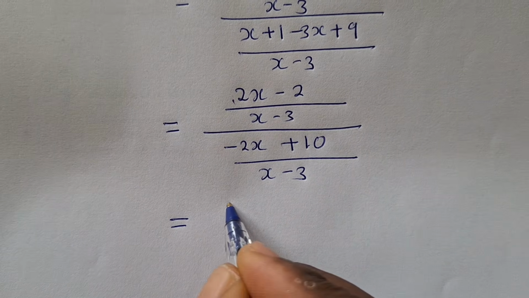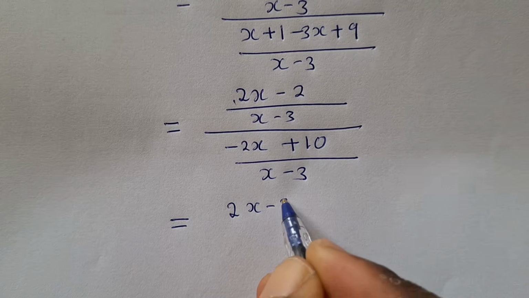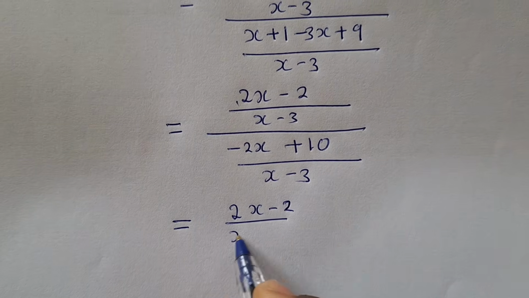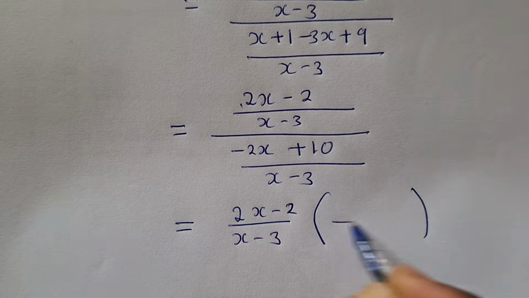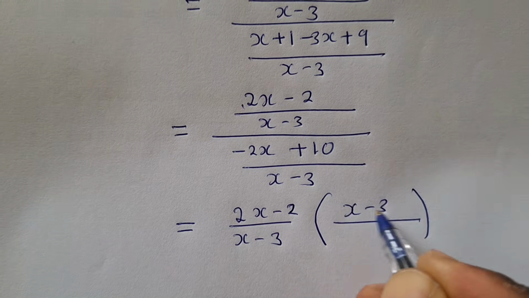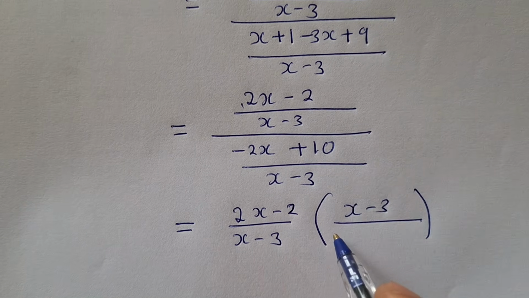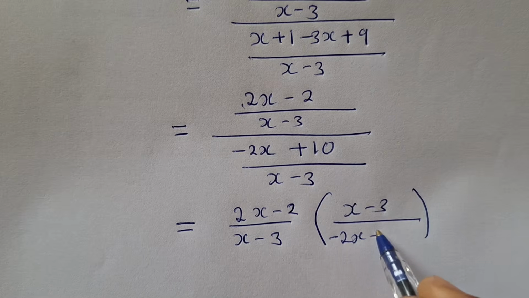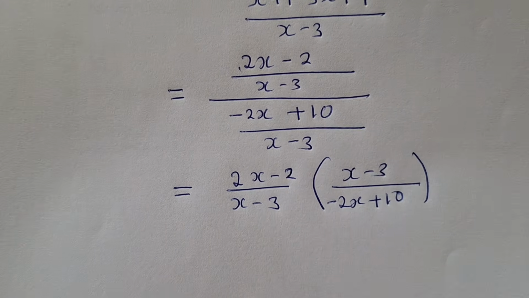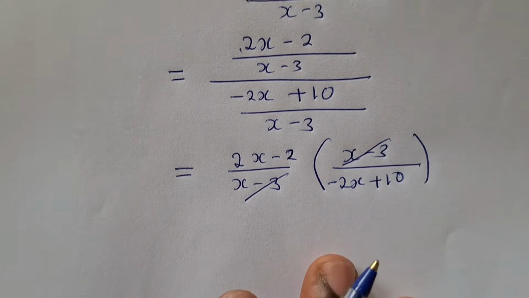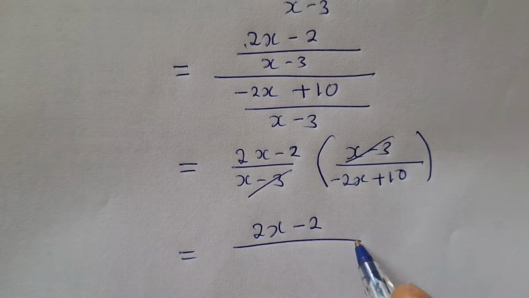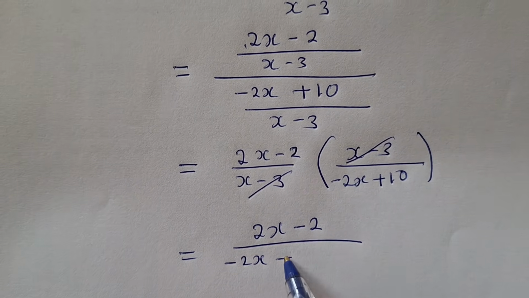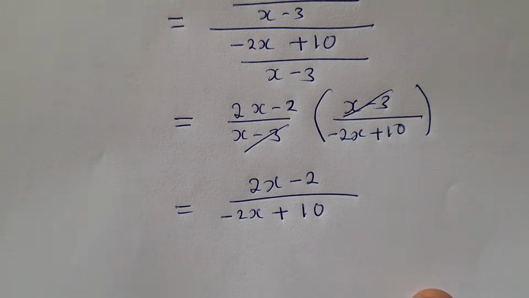This will be 2x minus 2 over x minus 3. When dividing fractions, you reciprocate. So this will switch, minus 2x plus 10. So this and this will go. We shall remain with 2x minus 2 over negative 2x plus 10.